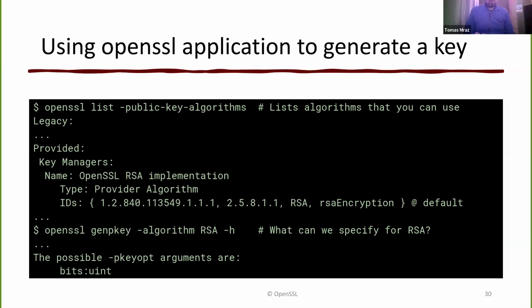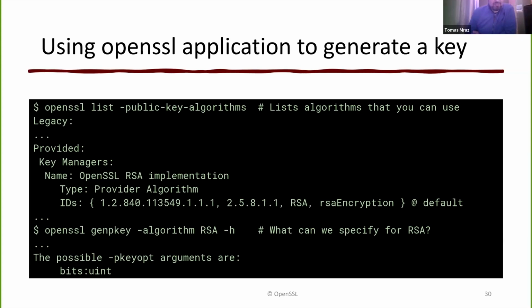So let's show some examples of how to use the OpenSSL application. One first example I have here is how to generate a key. We can use openssl list -public-key-algorithms to list algorithms that you can use for key generation. We can see here some legacy ones, which are not interesting here, but there are also some provided algorithms.